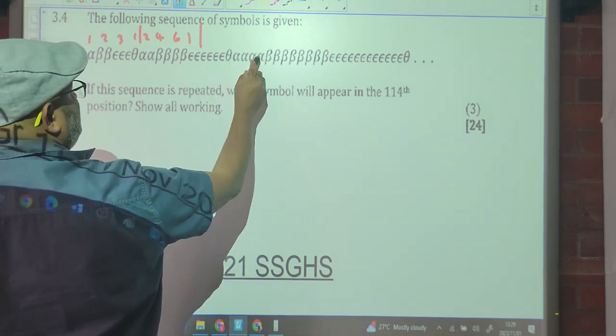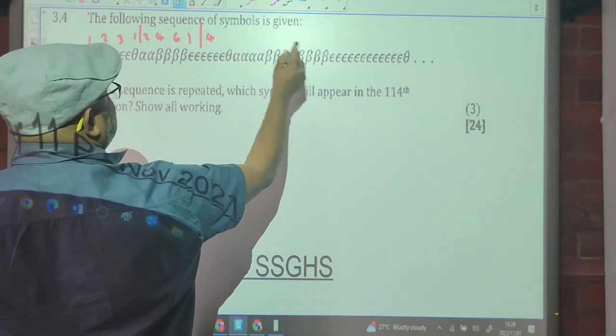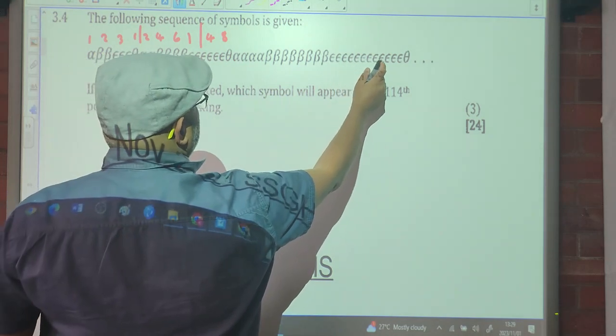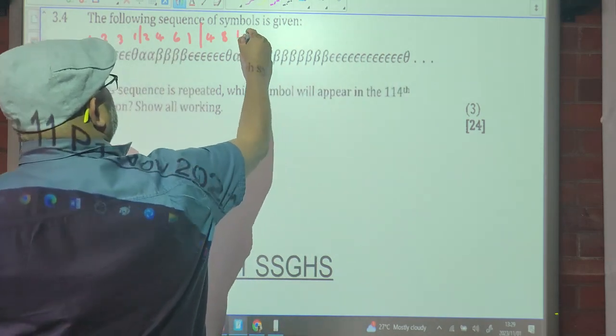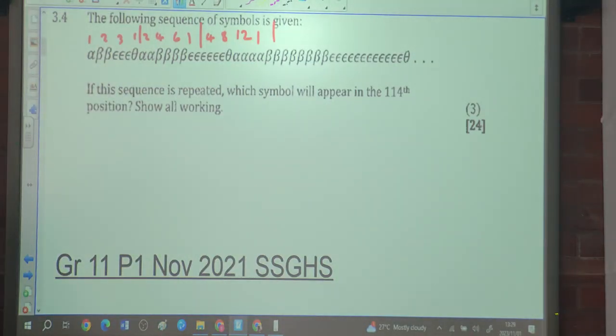So 1, 2, 3, 4. 1, 2, 3, 4, 5, 6, 7, 8. 1, 2, 3, 4, 5, 6, 7, 8, 9, 10, 11, 12. And 1. Not so? So you see it's forming a sequence. If this sequence is repeated, which symbol will appear in the 114th position?